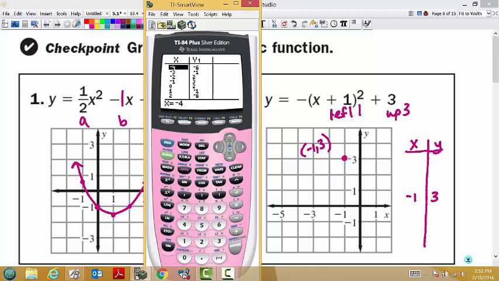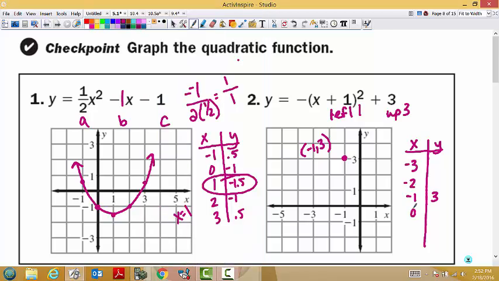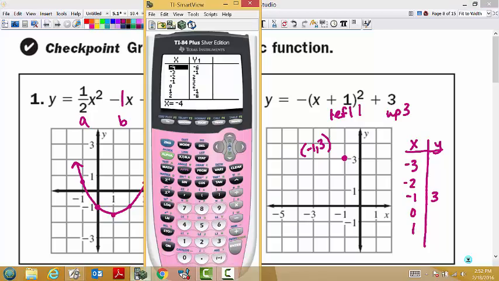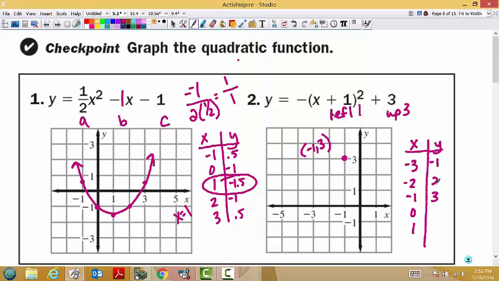So let's see, negative 2, negative 3, 0, 1. So negative 3, negative 1, 2, 3, 2, negative 1.